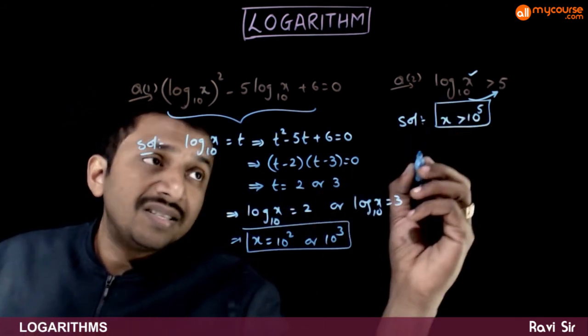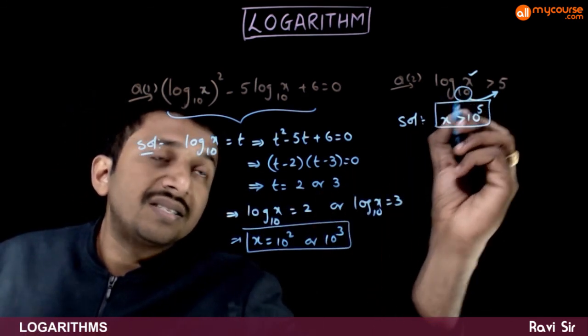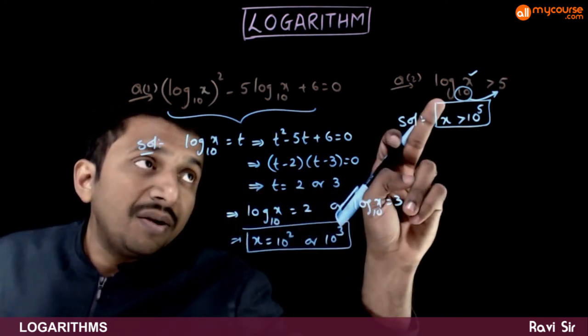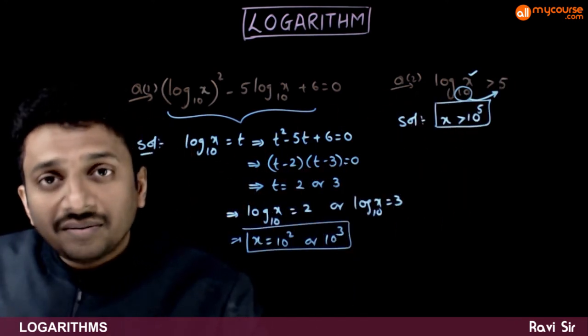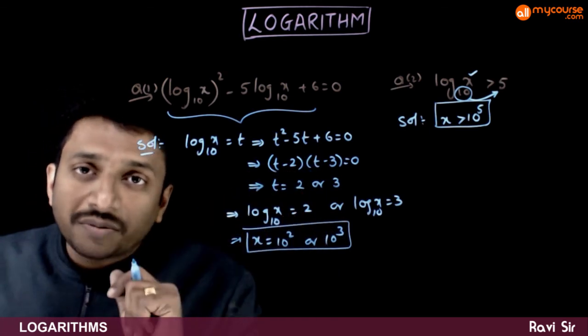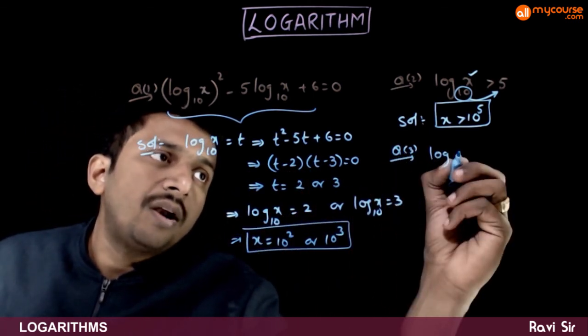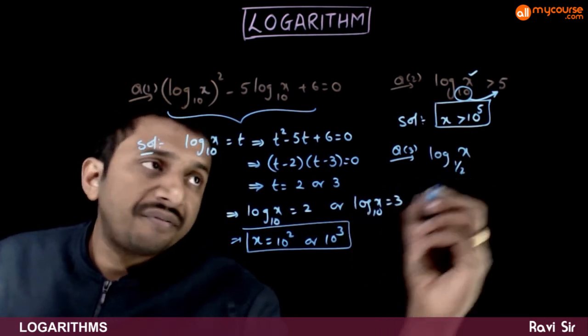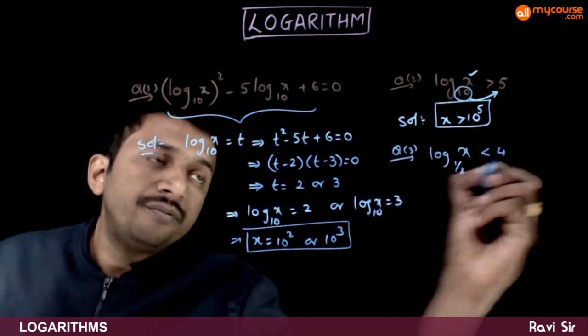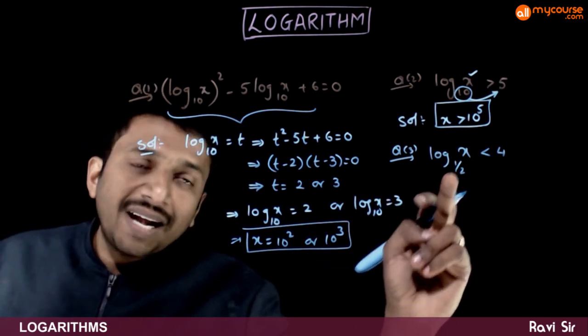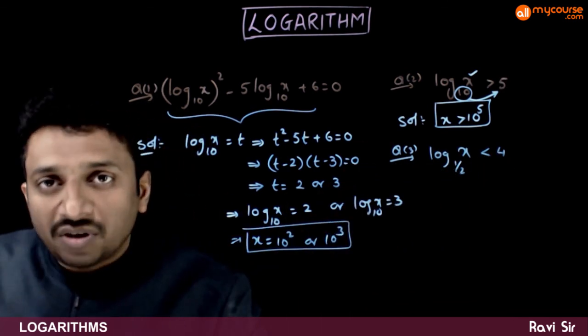The property says that if the base is greater than 1, then you can directly do for inequalities what you are doing for equalities. But if I have a different question where log x to the base half is less than 4, I cannot directly convert this into the exponential form.